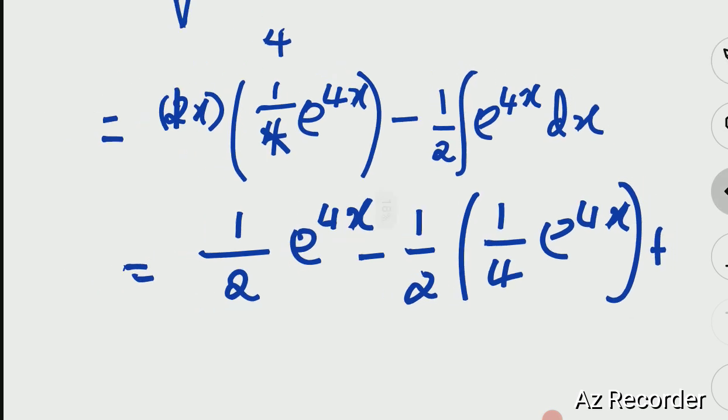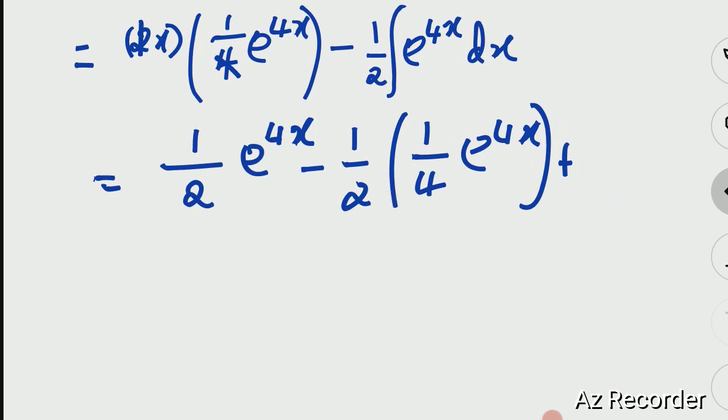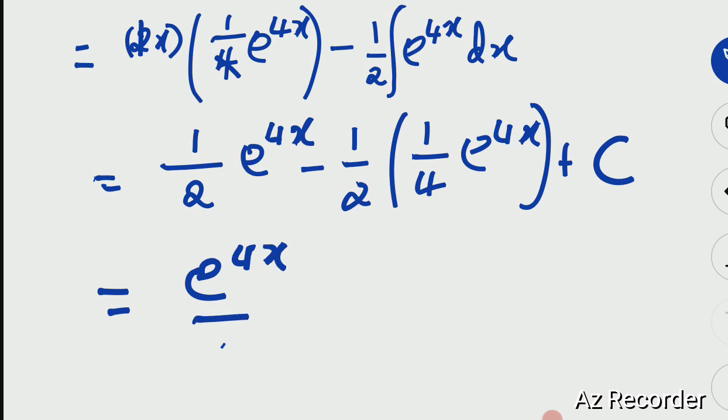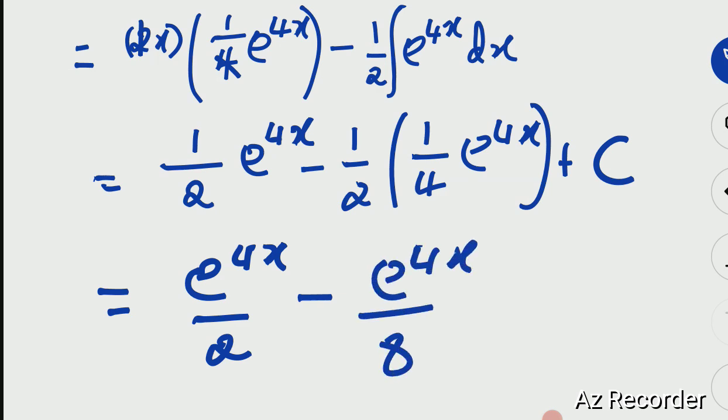So we'll have e to the 4x divided by 2 minus e to the 4x on 8 plus c.